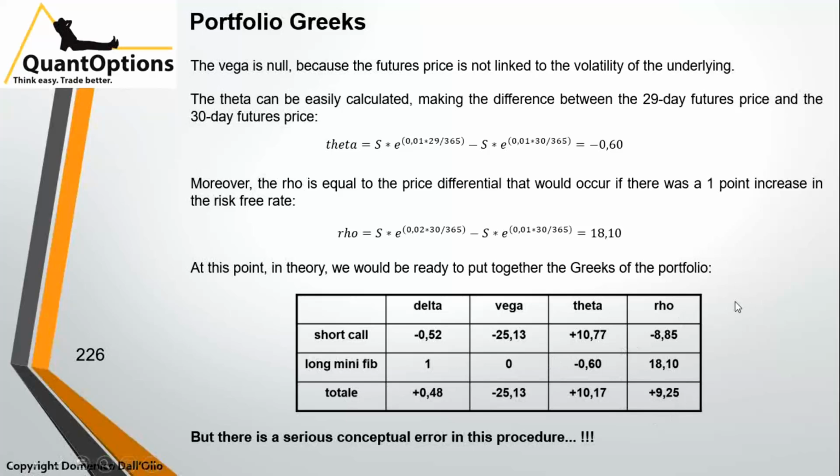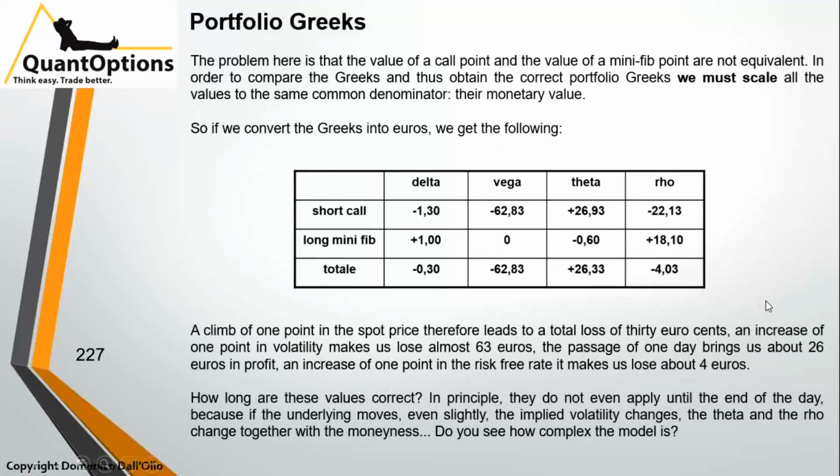But there is a serious conceptual error in this procedure. The problem here is that the value of a call point and the value of a mini-fib point are not the same. In order to compare the Greeks and thus obtain the correct portfolio Greeks, we must scale all the values to the same common denominator, their monetary value.